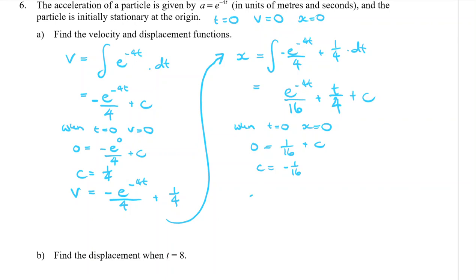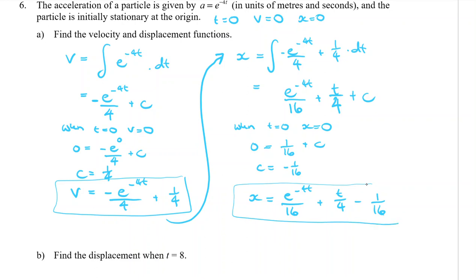My displacement equation is e to the negative 4t over 16 plus t over 4 minus 1 over 16. So find the velocity and displacement functions. Done. This was my velocity function. This is my displacement.